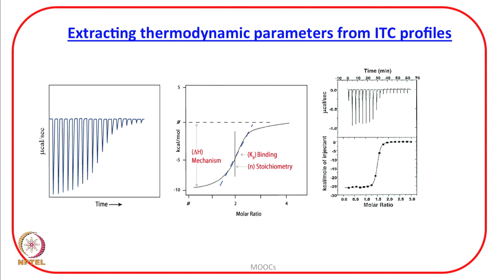So after we have fit a suitable model to the experimental data points, we have the different thermodynamic parameters. And what are those different thermodynamic parameters? Let us take a look at the next slide.